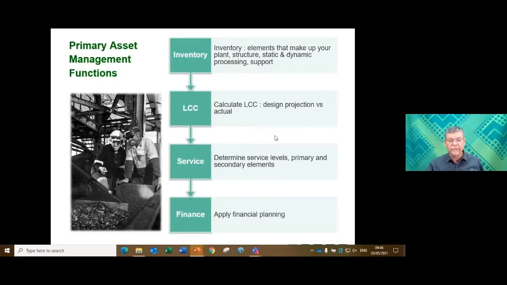Secondary elements are more the elements servicing the main or primary functions. And then the last step would be to do some financial planning, look at the cost elements and the time span at which you need to apply the funding, get to a cost, and try and get that to a cost per hour, and also, if you have the necessary data, a cost per ton situation.